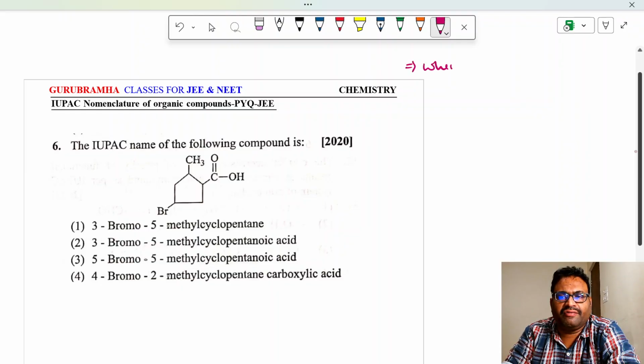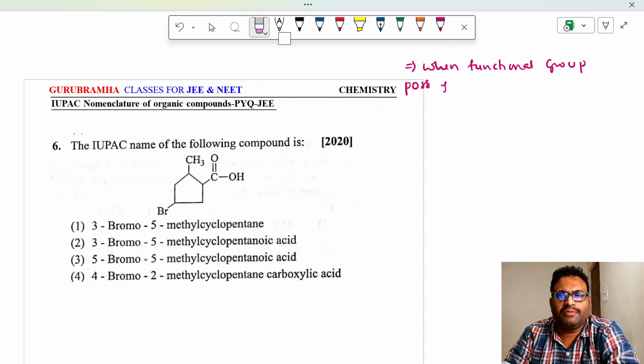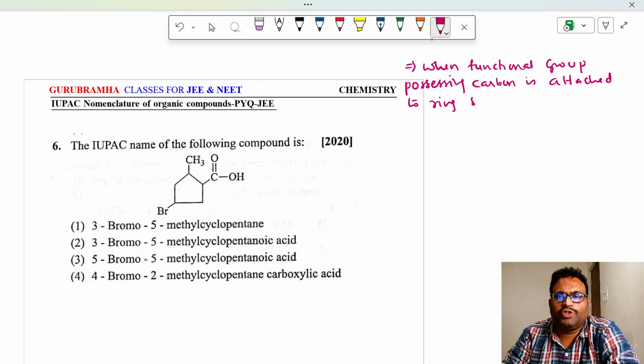When a functional group possessing carbon is attached to a ring, special names are given. Special names are given.